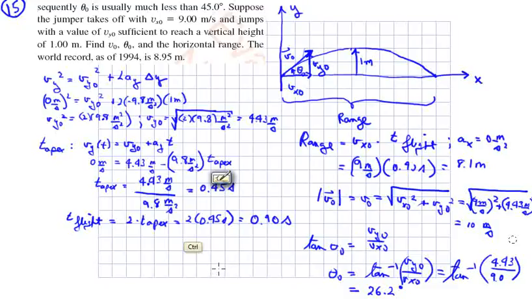Okay, so what's left to find is the horizontal range, which is of course the most important item in the long jump. This is the way I did it, a two-step process. First of all, I figure out what t apex is and use that to calculate the flight time, which is twice the time it takes to get to the apex because of the symmetry.